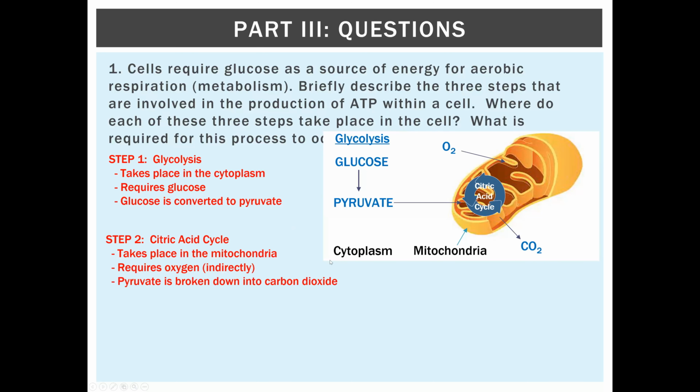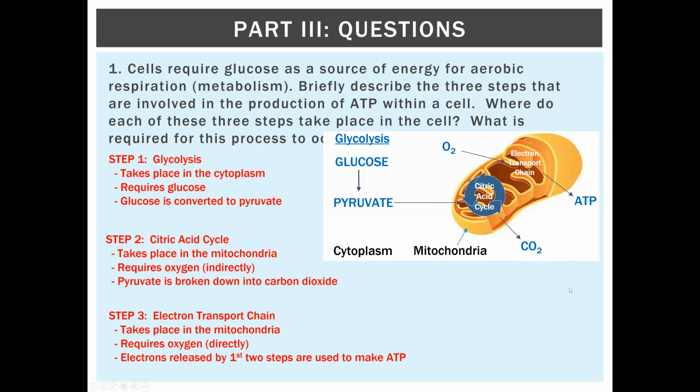Step 2, the pyruvate goes into the mitochondria to the citric acid cycle. So this part takes place in the mitochondria. It indirectly requires oxygen, so oxygen has to be present for this to happen. And pyruvate is broken down into carbon dioxide, which is a waste product, and we use our respiratory system to obtain oxygen and get rid of the carbon dioxide.